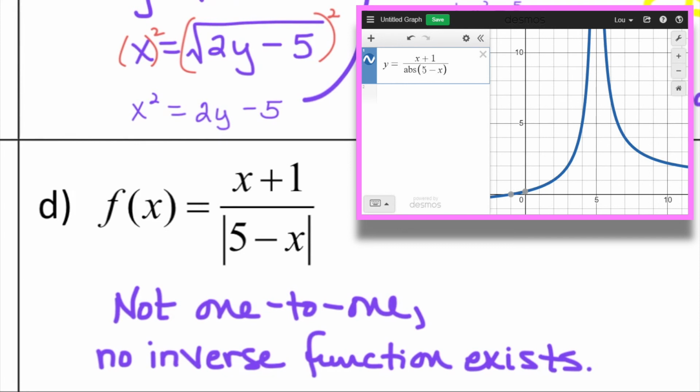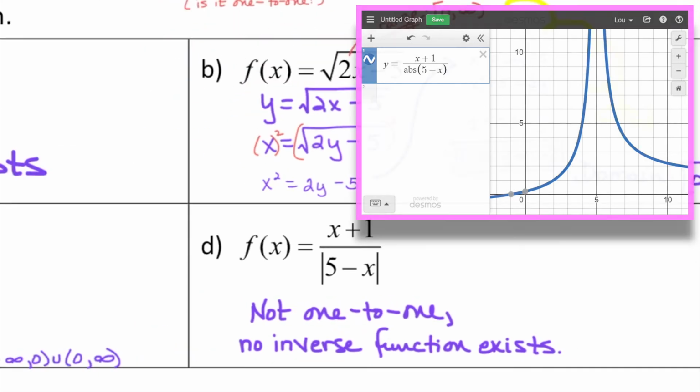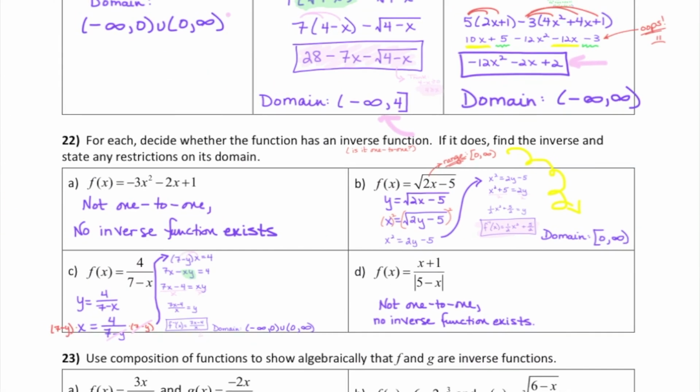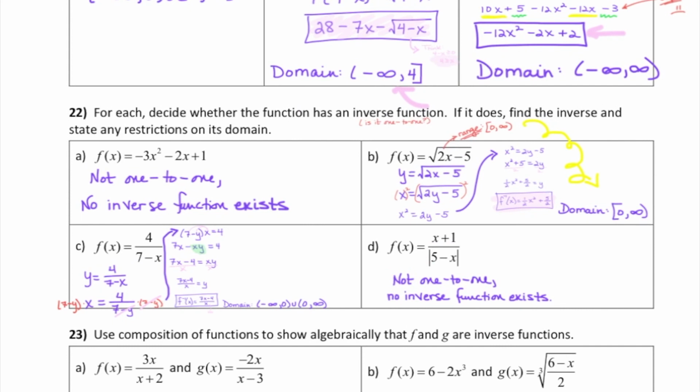That's all I'm going to say. So be careful that you use the horizontal line test first to see if a function exists, and if it does, then find the inverse and give the domain.